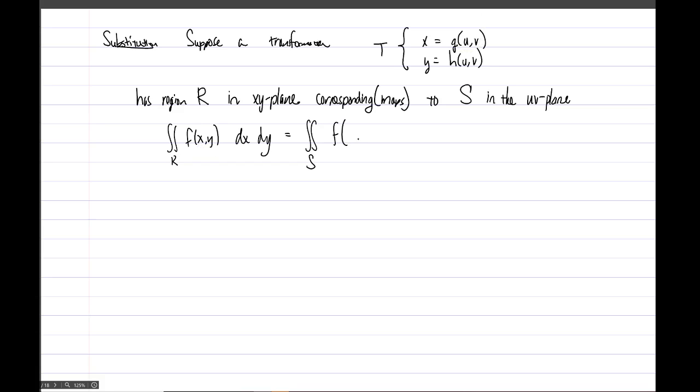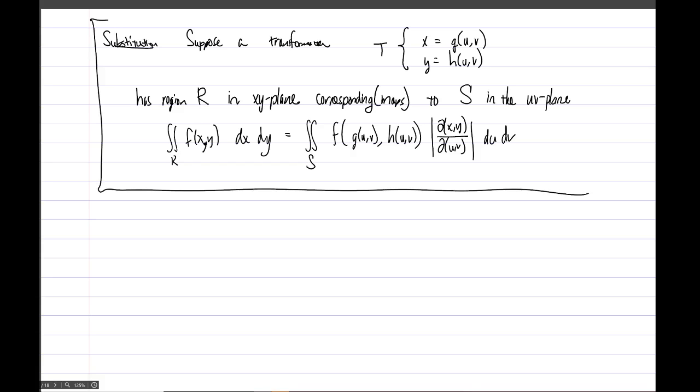So f of g of u comma v, and then after the comma here, y gets replaced with h of u comma v, and then we'll have here the Jacobian. So partial of x and y with respect to u and v, du dv. Okay, so there is substitution in a nutshell.